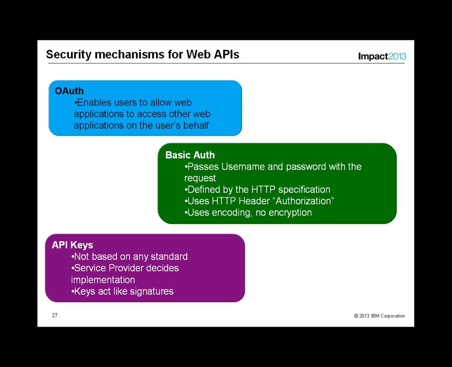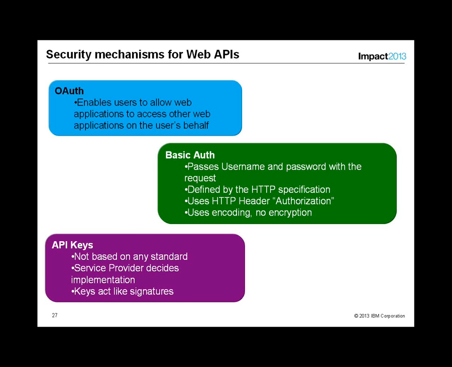And when you adopt the API, you also have to adopt the security policies that it mandates, right? Keys basically act like signatures. The backend service API provider knows that the request has come from an application that you have written and you have used with the API key that was provided to you, right?